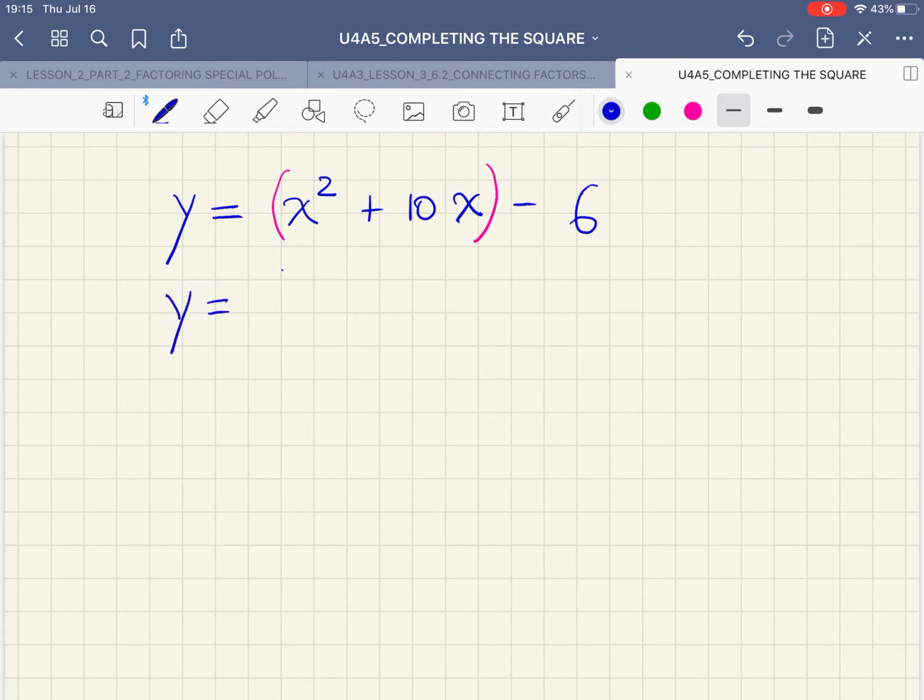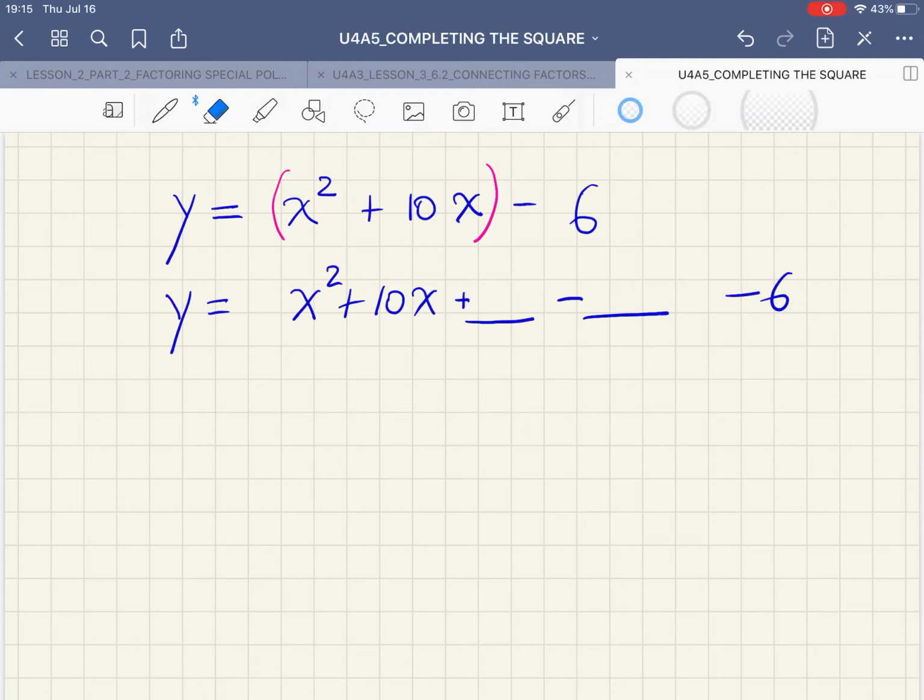So we have y equals, and completing the square means that we have x squared plus 10x, and we need to add something else and subtract that same something else, so that we won't mess things up and change the value of the equation. And then minus 6. Let me make these pink just because they were pink before.